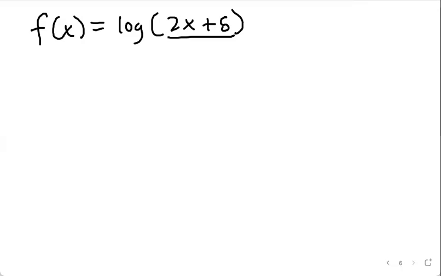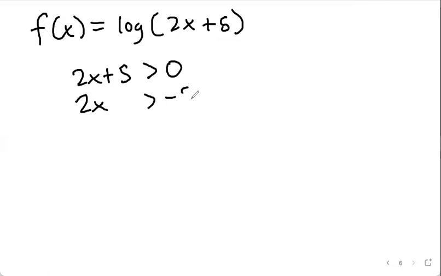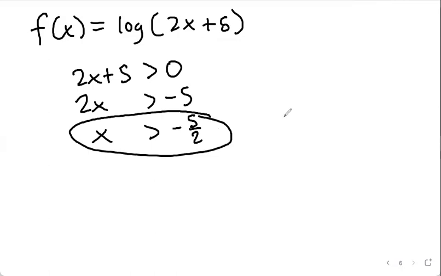So, when is the argument greater than 0? And then I just solve for x here in this inequality, and I end up with -5 over 2. So this right here is my domain. All real numbers greater than -5 over 2, that's my domain.